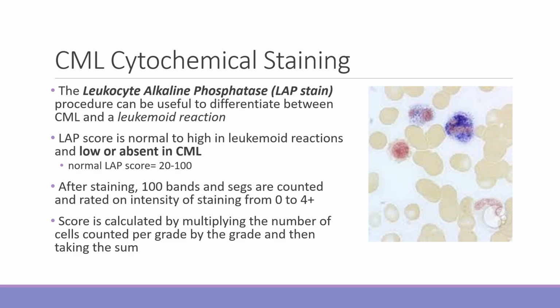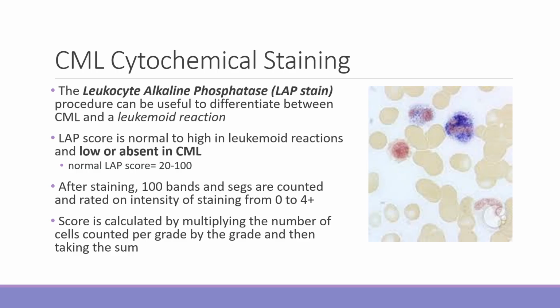Similarly to AML and ALL, our two acute leukemias, we can use cytochemical staining in CML. And this can help us differentiate between CML and a leukemoid reaction. What is a leukemoid reaction? Well, I'm glad you asked.